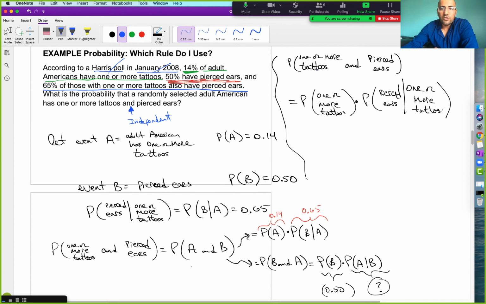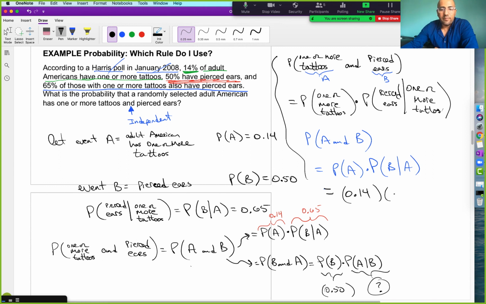Good. So using our notation, if we let this be event A and this be event B, then we are saying that the probability of A and B is equal to the probability of A times the probability of B given A. Either way, it must be the product: the probability of A is 0.14 times the probability of B given A, the probability of pierced ears given that we're focusing on people that have one or more tattoos, is 0.65.